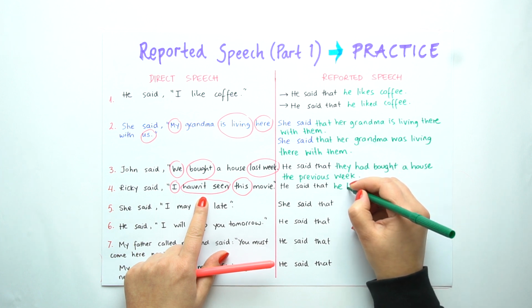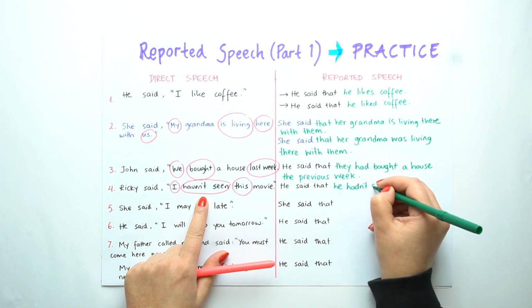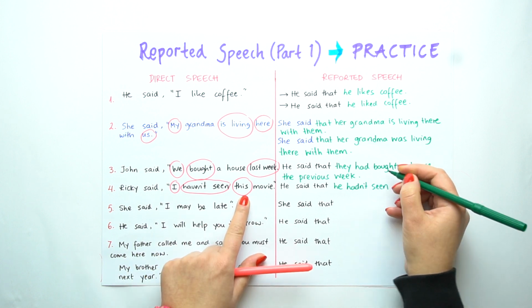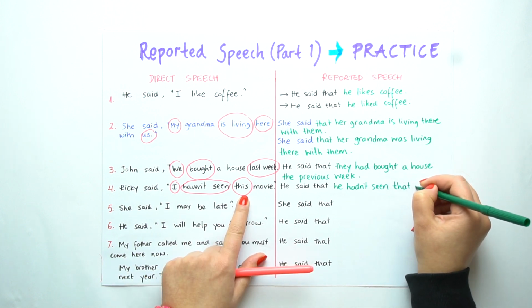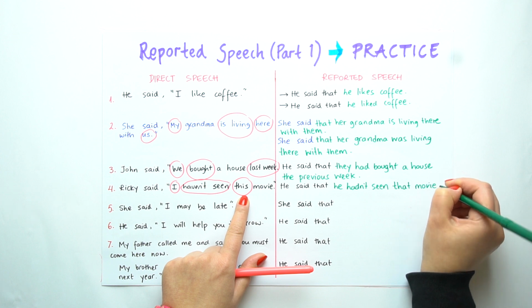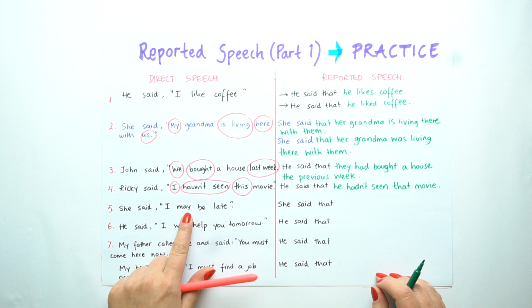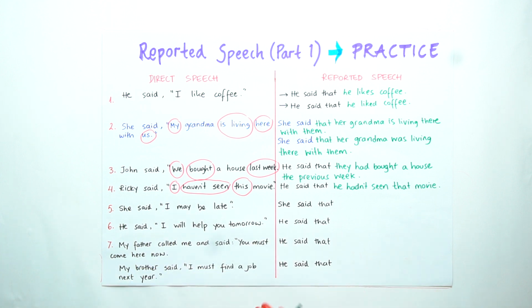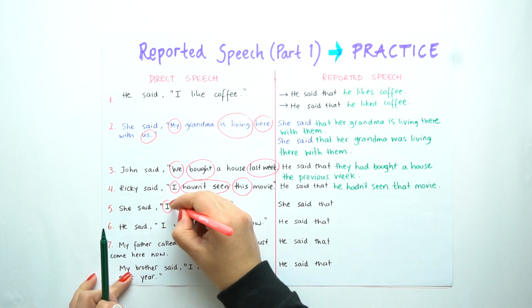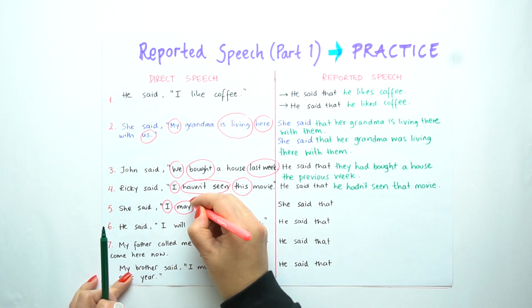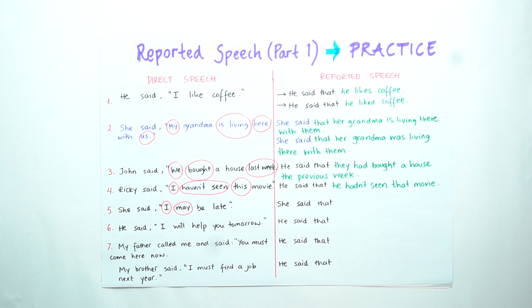So we have to say, he hadn't seen that movie. She said, I may be late. Remember, may becomes might. She said that she might be late.